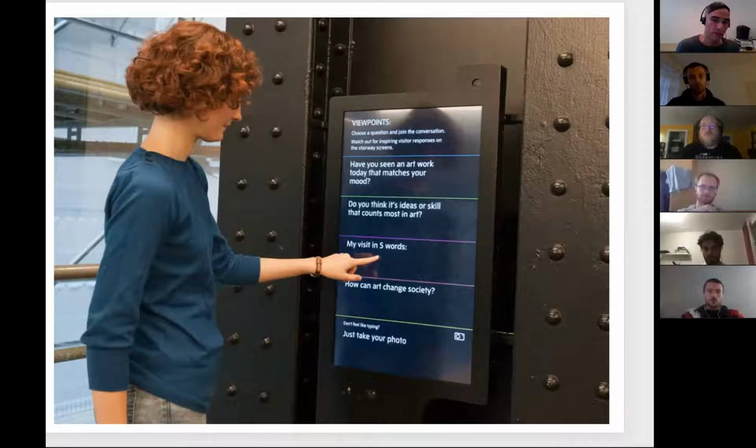Their foundational technology was basically an interface between bankers and financial networks. And this is them extending that logic to the museum. And again, if you can read this, you can see that the level of engagement is extremely low. For instance, that woman is tapping to answer a question, my visit in 5 words.